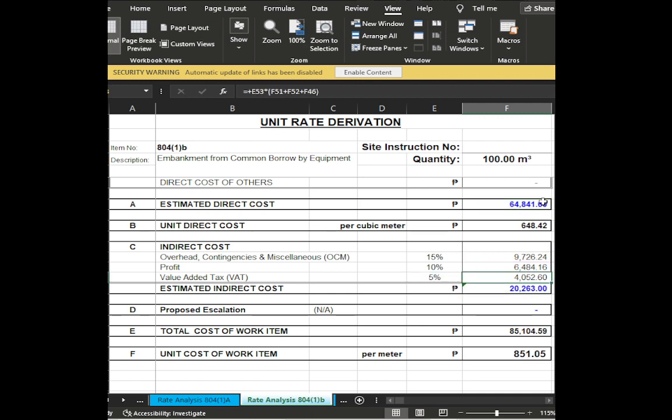That is 4,052 for the 5% value added tax. So the total indirect cost is 20,263.